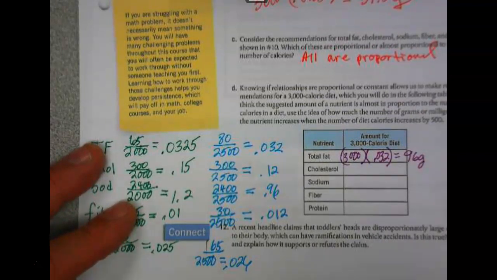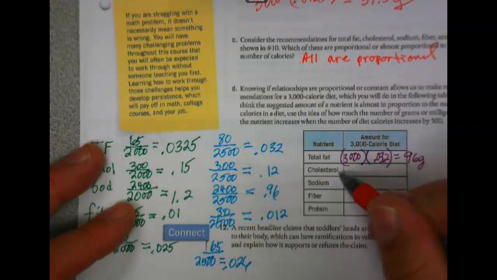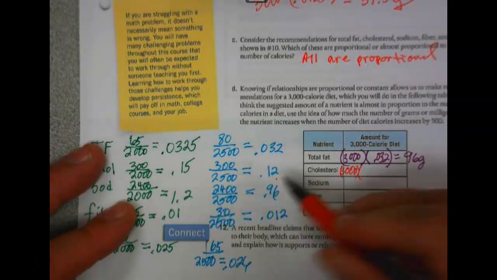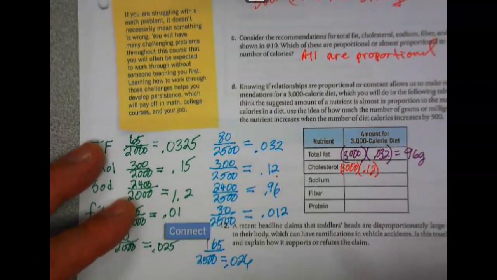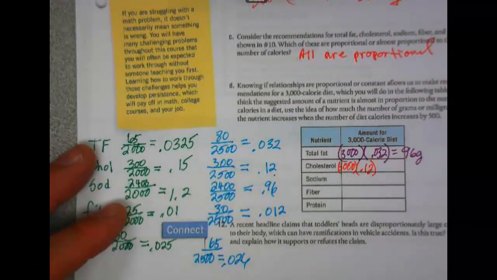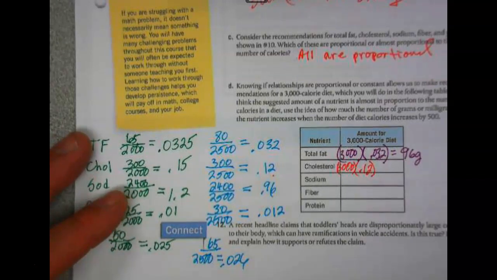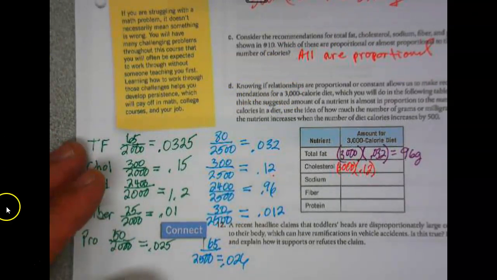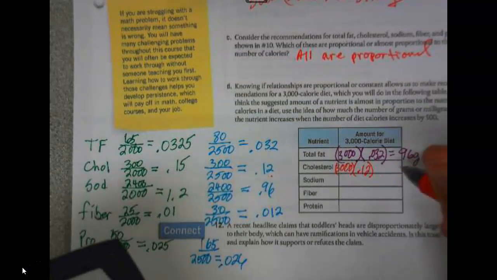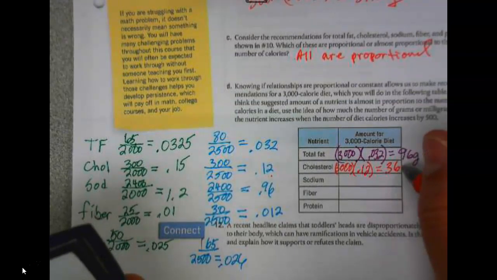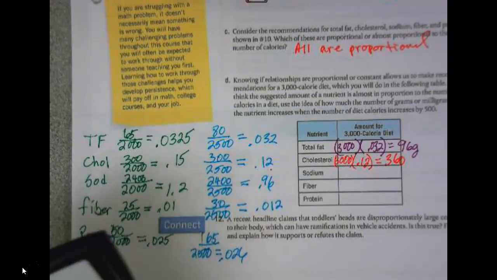For cholesterol, if I take 3,000 times 0.12, that gives me, oh, I need a calculator for this one. Okay, 3,000 times 0.12 gives me 360 grams.